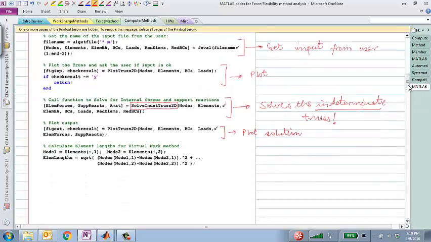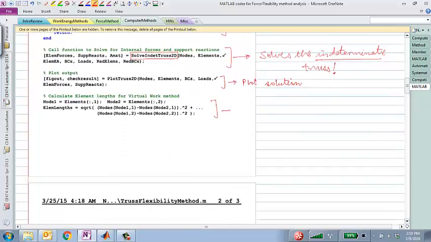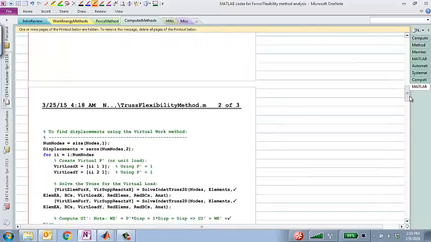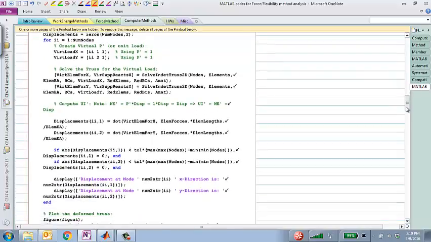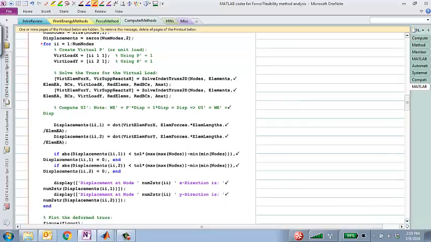After you plot the solution, calculate element lengths, that is LM, for the virtual work method. And the rest of this is to solve for displacement. As you can see, what's really happening is that I've put a for loop, all of that up until this end, between for and end.